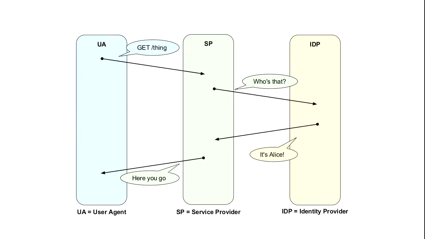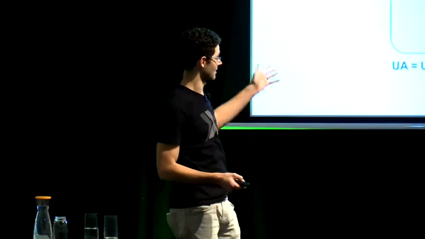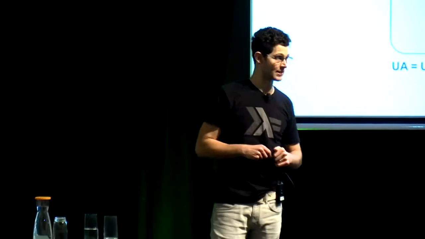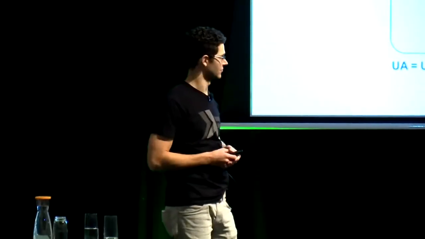In the middle, we have the service provider, and you'll see that abbreviated as SP. So this is a website either out on the internet, bobswidgets.com, or within an enterprise. This might be some customer management system or something along those lines. So an internal service for an organization.